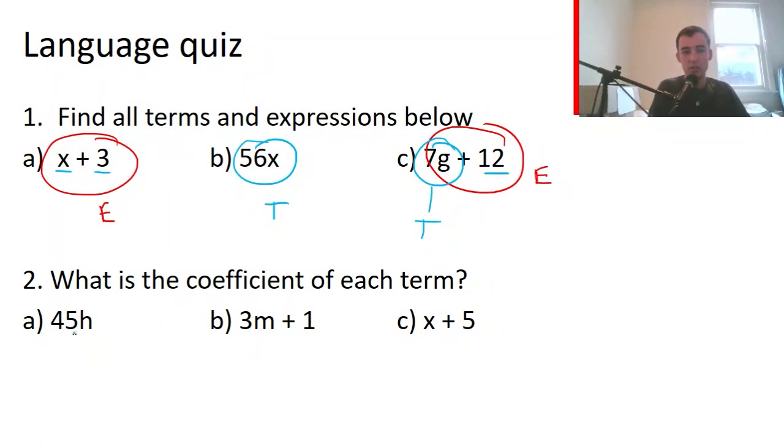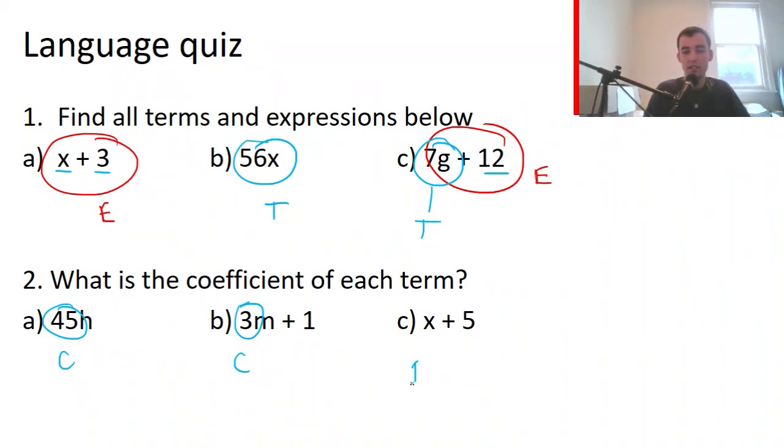Okay, so what is the coefficient of each term? 45 is the coefficient here. 3 is the coefficient here. And when you've got x on its own, what is the coefficient of x? That's a tricky one. You might say there is no coefficient. But actually, we say there is a coefficient here, and this will be useful later on.